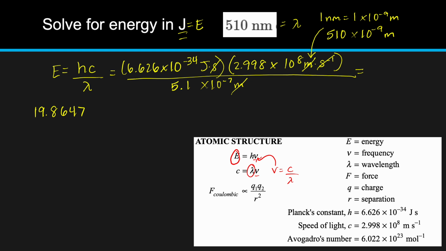Then I have to look at my exponents here, negative 34 plus 8, which gives me 10 to the negative 26. And on the bottom, I have my 5.1 times 10 to the negative 7th. So I have 19.8647 divided by 5.1.